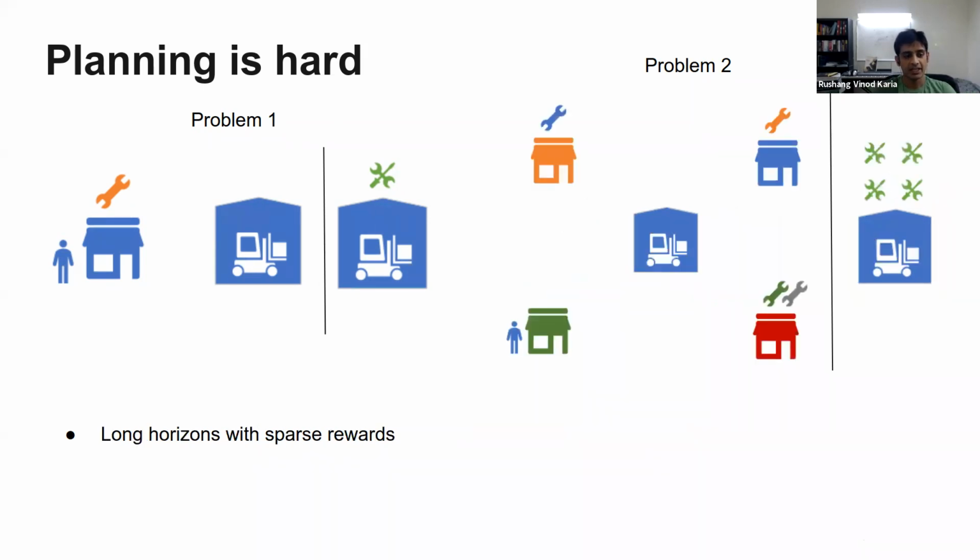Another issue with planning is that planning problems usually have very long horizons with very sparse rewards, because the reward signal is only obtained when you reach the goal state. And this makes it difficult for reinforcement learning or other general search techniques to do planning.